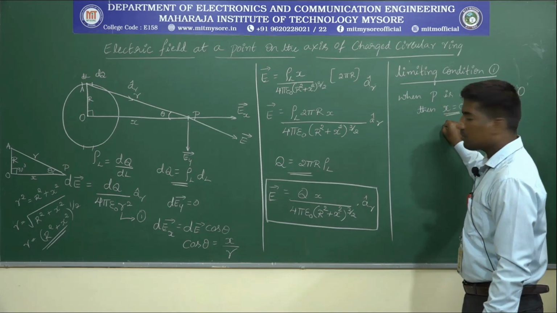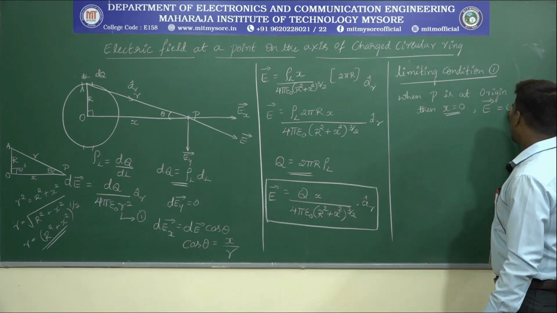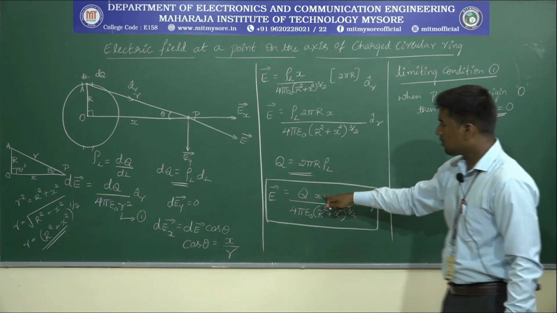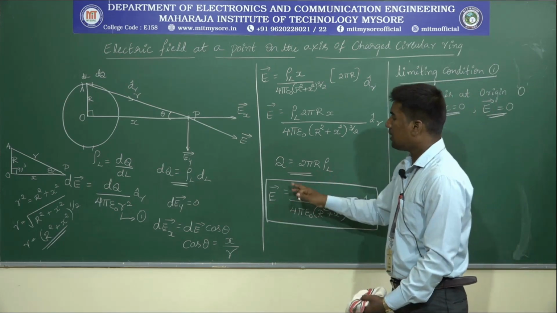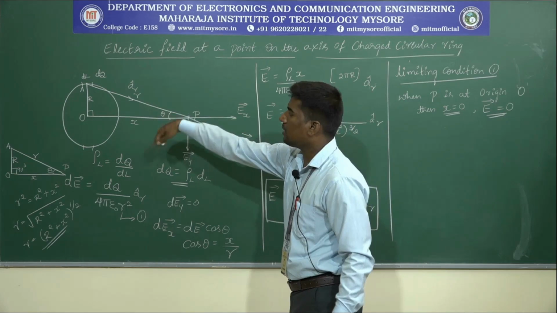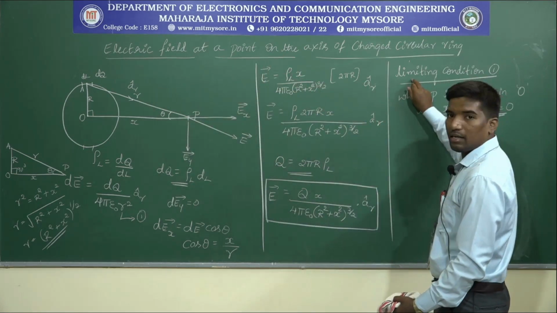When x becomes 0, obviously the total electric field intensity becomes 0. Substitute x is equal to 0: 0 into anything is 0. Therefore, the total electric field intensity at point P due to the charged circular ring is 0. This is limiting condition 1.